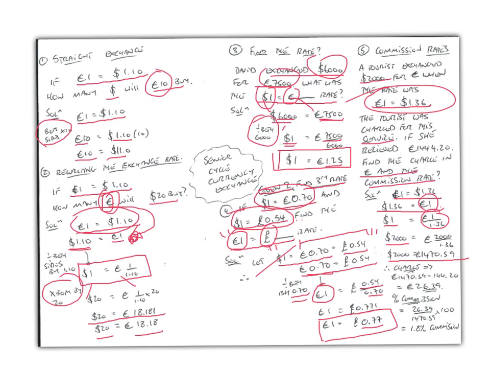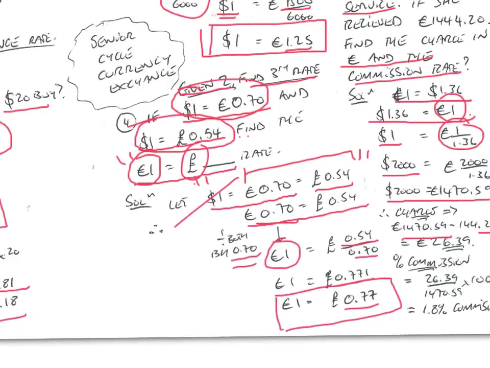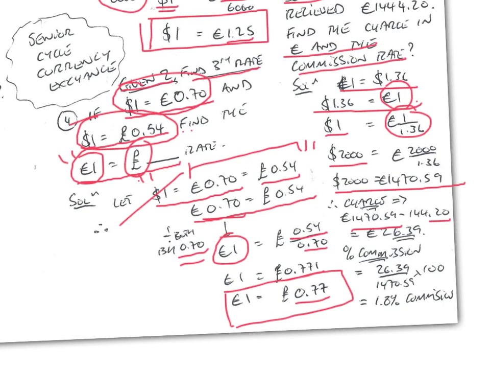So the charge must be the difference between these two. The charge is 26.39 euros, i.e. what they should have got minus what they actually got. I think I'm missing a bit there. Bear with me. Yeah, there should be another 4 there.